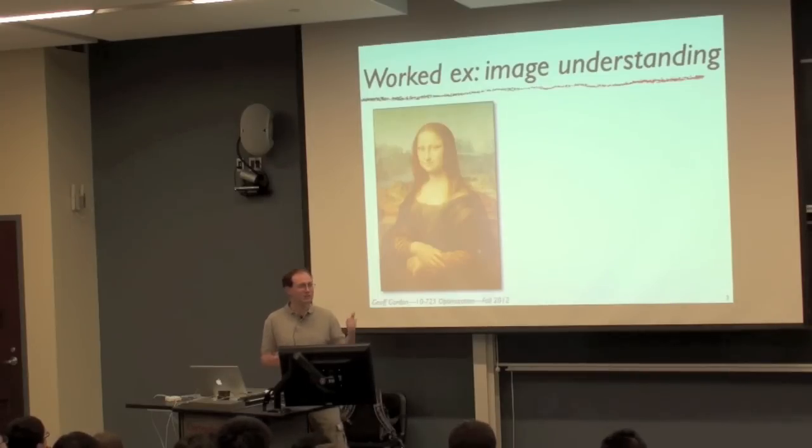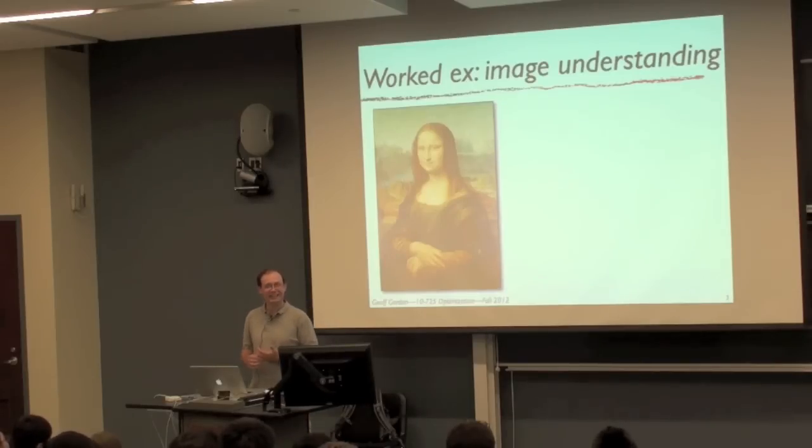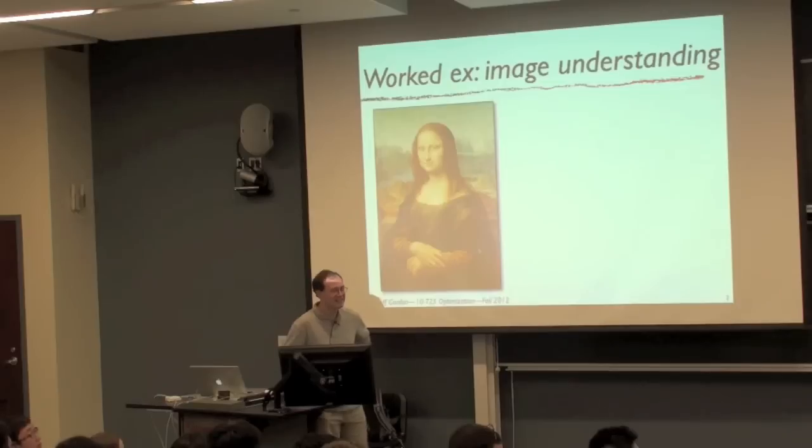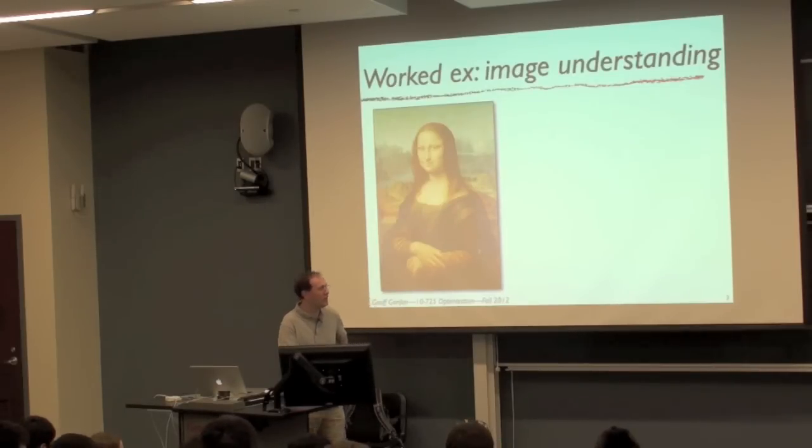I'm sure you guys have seen papers that try and solve the problem, at least some of you. Okay, so you're thinking then of computer vision as inverse computer graphics, essentially, right?